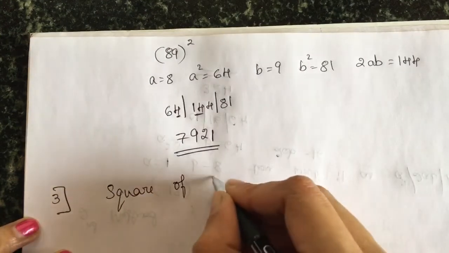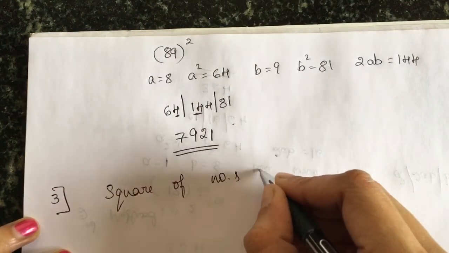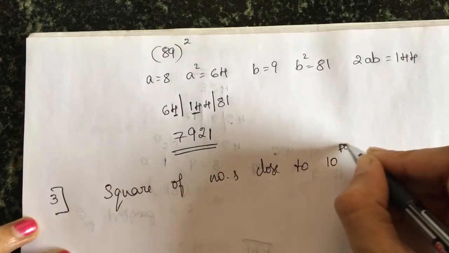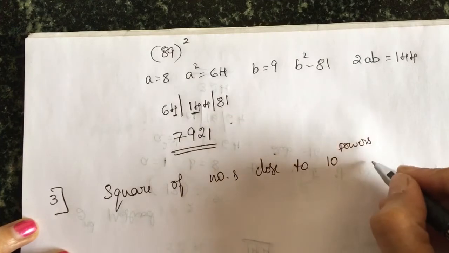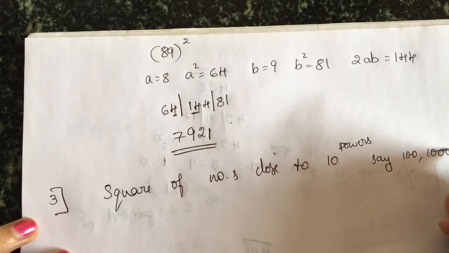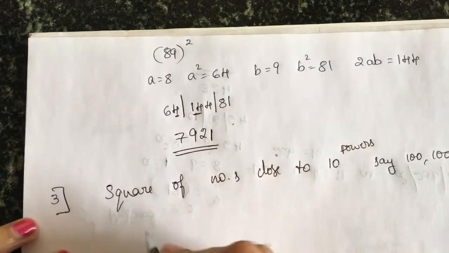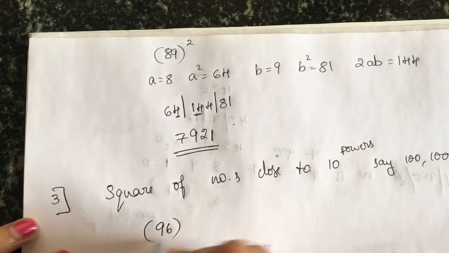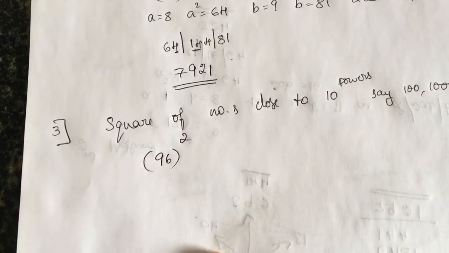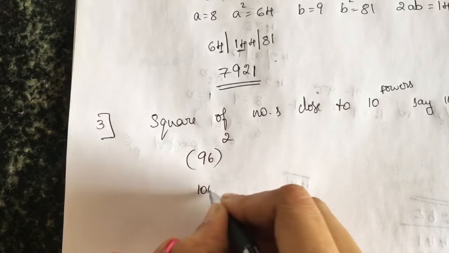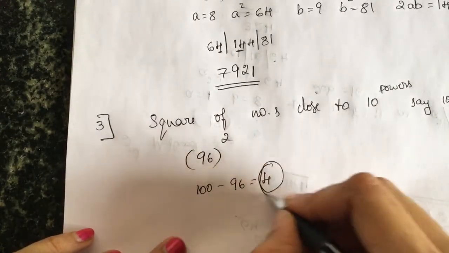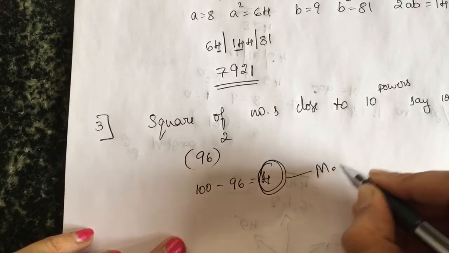Square of numbers close to 10 powers, like say 100, 1000, etc. Okay, suppose you have to calculate the square of 96. It's near to 100, just the difference between 100 and 96 is 4. Now this is the multiplication factor.